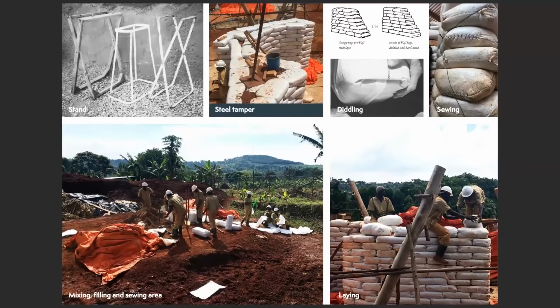On site, we have a way of making balls and dropping them to see whether we have too much or too little. When you roll a ball of this earth and you throw it down, if it breaks in many pieces, it means you have very little moisture. If it breaks in 2 pieces or just stays as a ball, you have too much moisture. If it breaks in about 4 or 5 pieces, you have sufficient moisture for compaction.